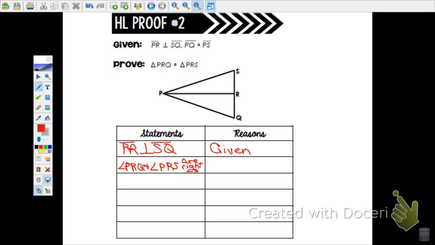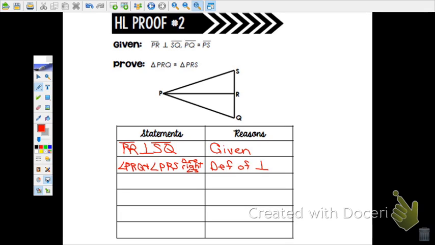How do I know I have right angles? What am I going to use from my choices down below? Definition of perpendicular. Perpendicular lines form right angles.